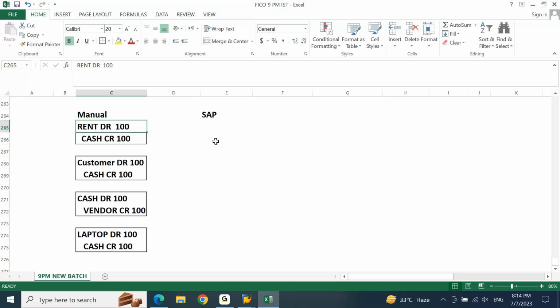Rent is not a customer account, not a vendor account, not a fixed asset account. So by default, this will become a GL account. Correct? So I will write here GL. Clear? I am writing this as GL.